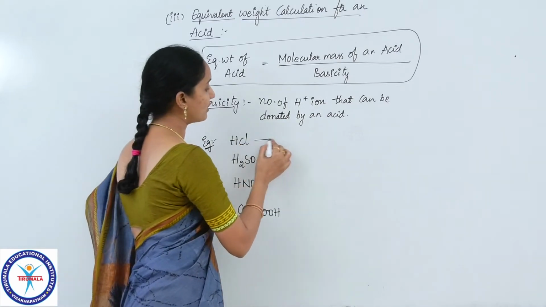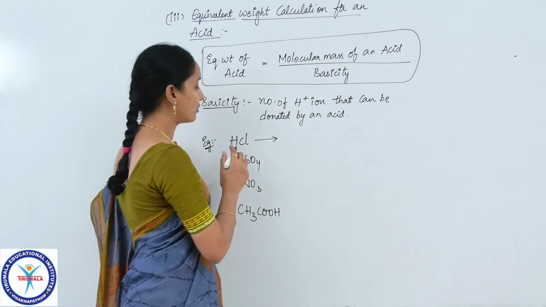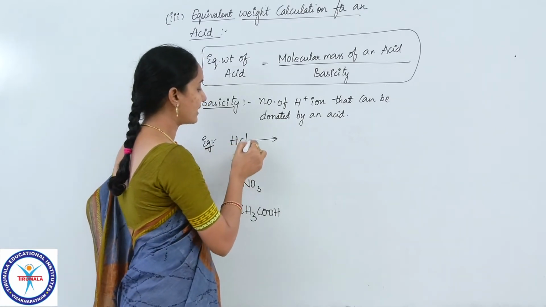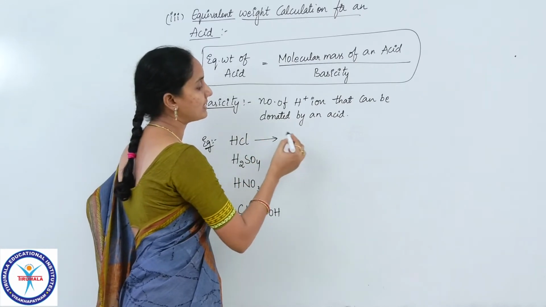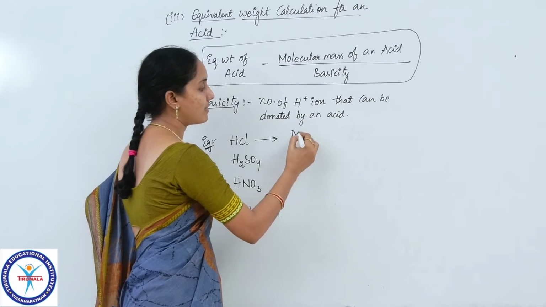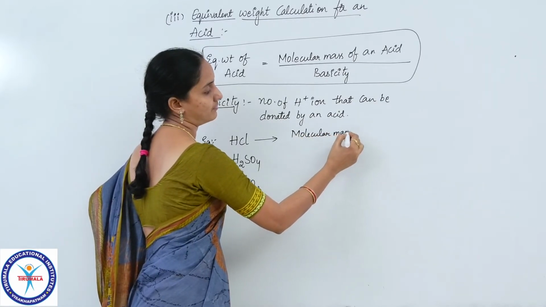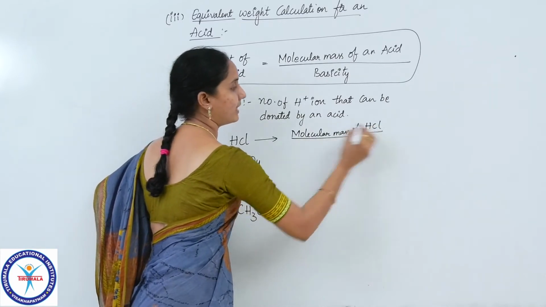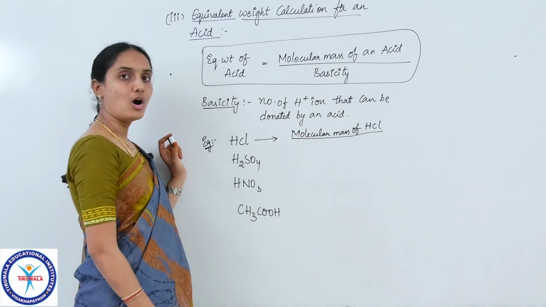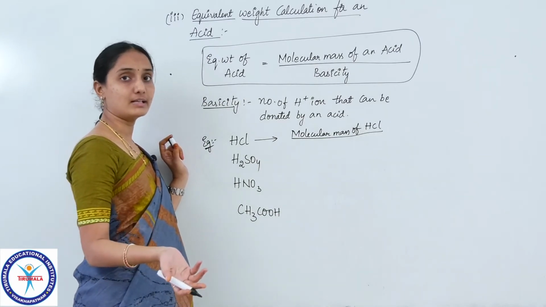Suppose you want to calculate the equivalent weight of HCl, then what you have to do, children, is calculate the molar mass of HCl first of all. What is the molar mass of HCl? Molar mass or molecular mass of HCl divided by its basicity value. How many H plus can HCl donate?